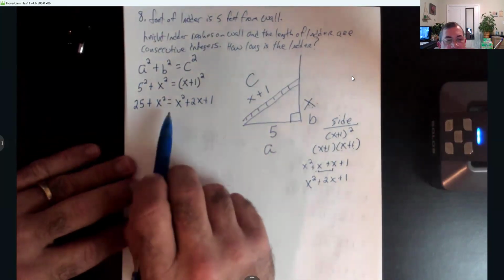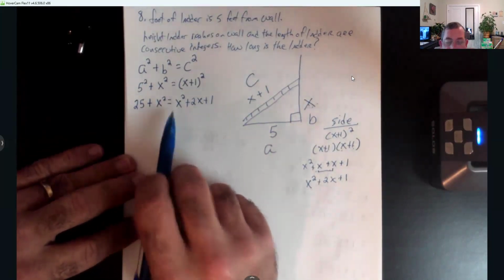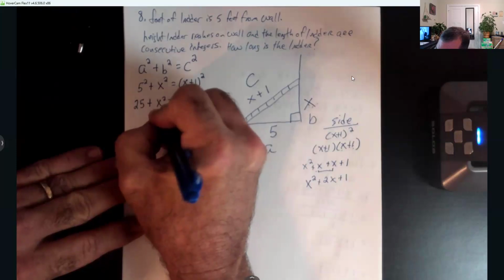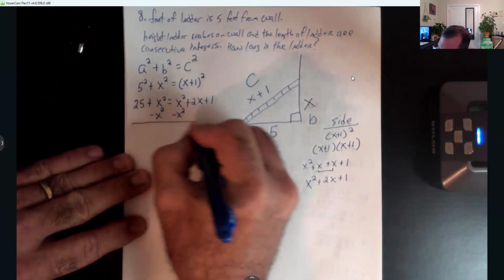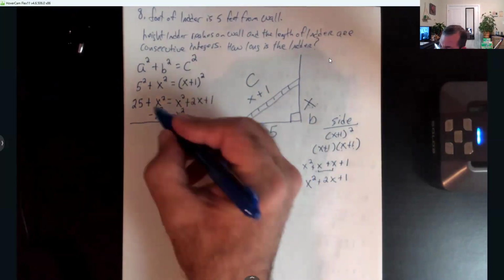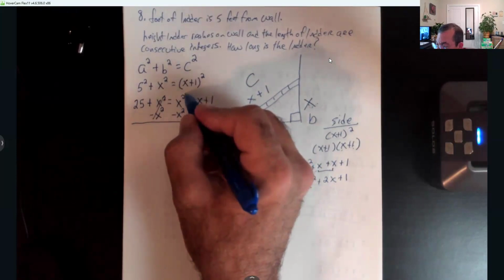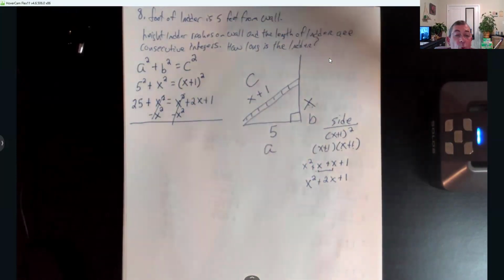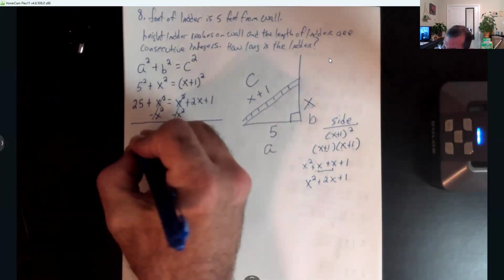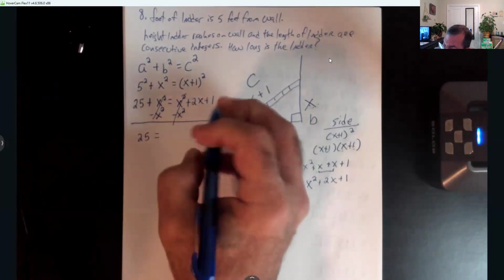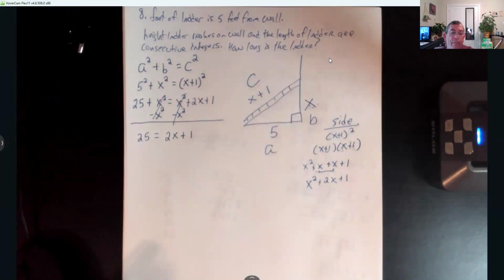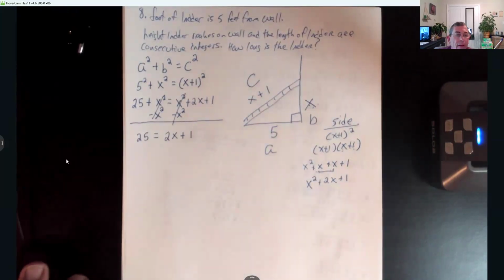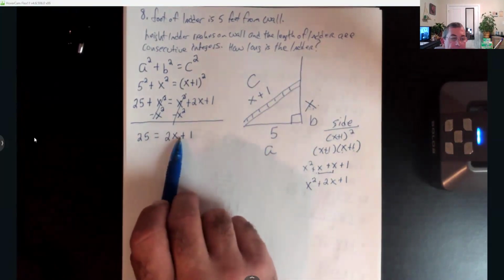But what we like about this problem, watch what happens when I try to move my x squareds all to the same side. Y'all remember that? The x squareds cancel here. So we're not even quadratic no more. All we got is 25, that's going to equal the 2x plus 1. And y'all guess what? All we got to do now is solve that for the x.